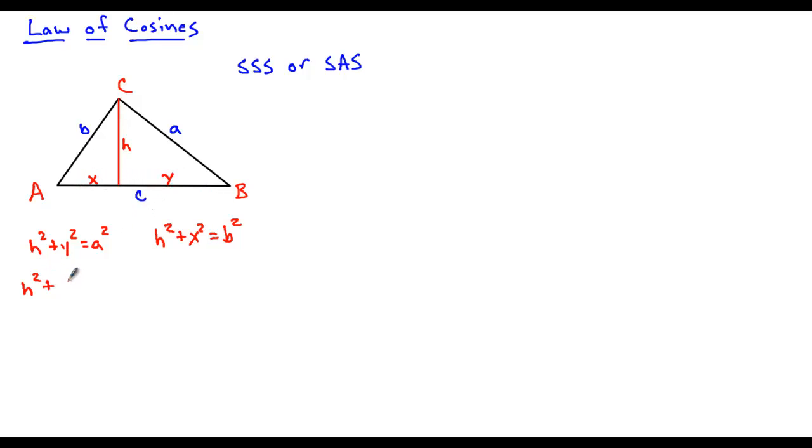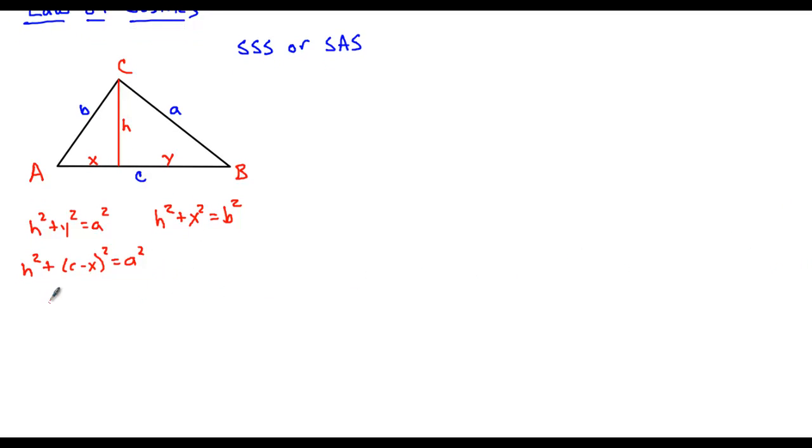So instead of Y, I'm going to write C minus X squared equals A squared. And I'm just going to do a little algebra here. I'm going to write H squared plus, and I'm going to FOIL this: first, outside, inside, last. And I'm going to get C squared minus 2cx plus x squared equals A squared.